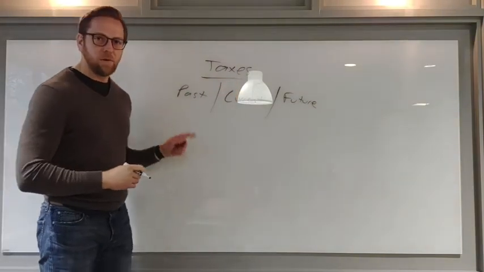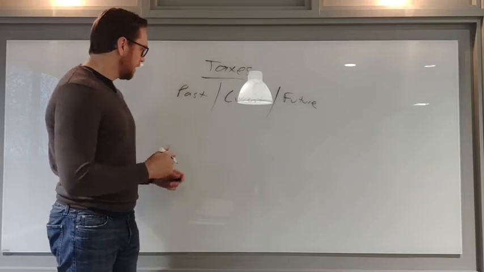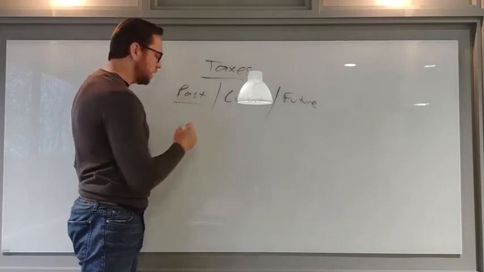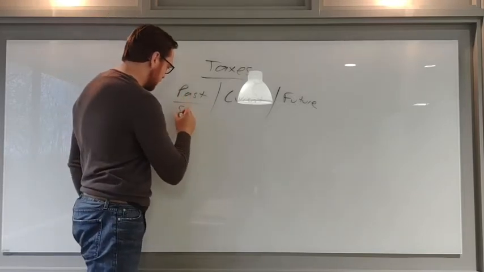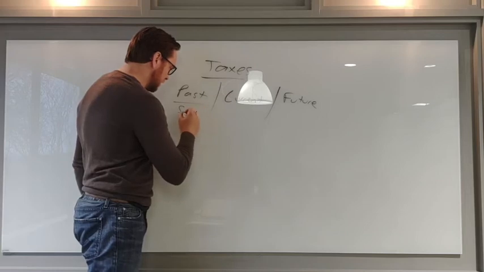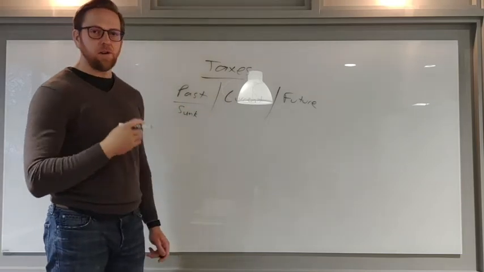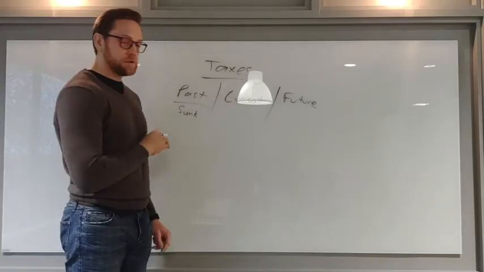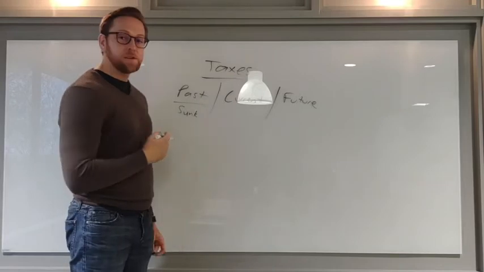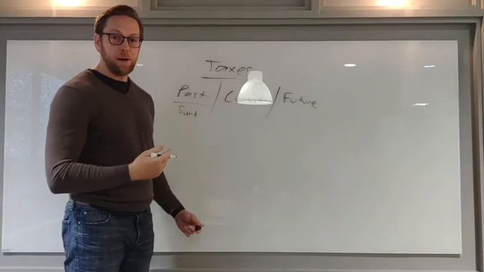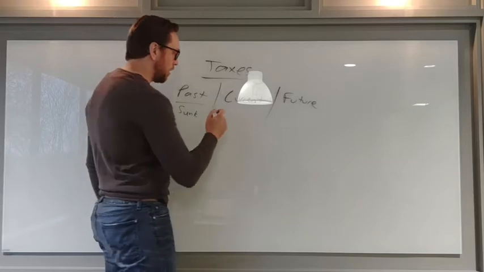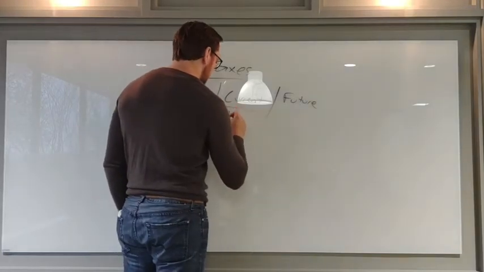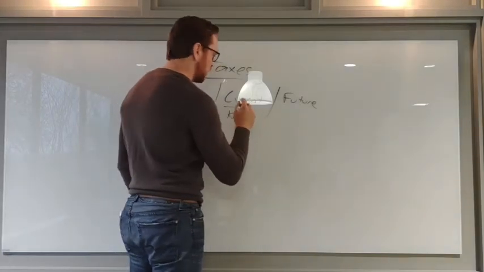Past taxes have already been paid. So that is a known cost that is now sunk. In economics, we talk about sunk costs. It's a cost that's already been paid. There's nothing you can do about it. There's really no sense in even worrying about it. It's already happened.